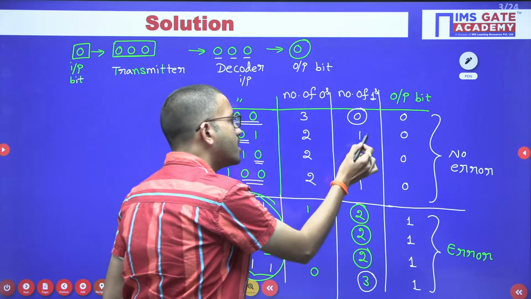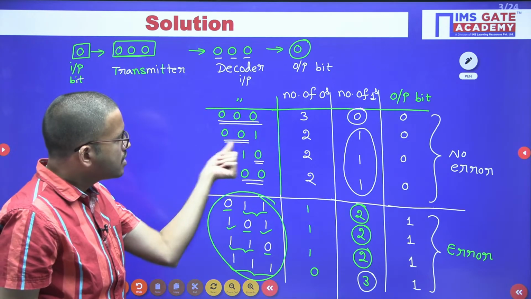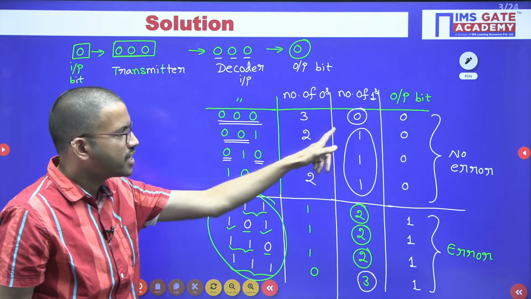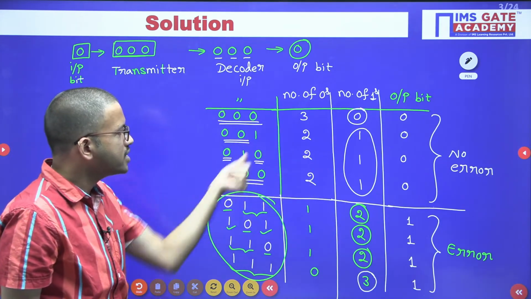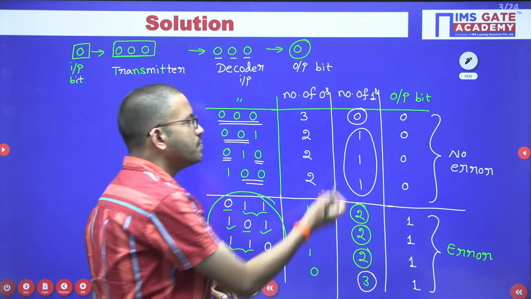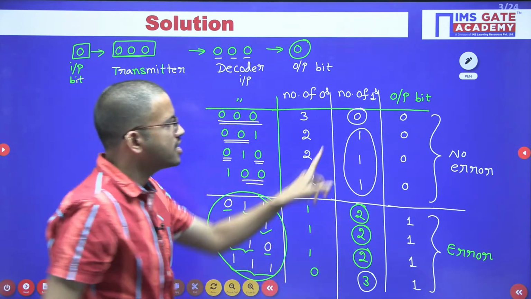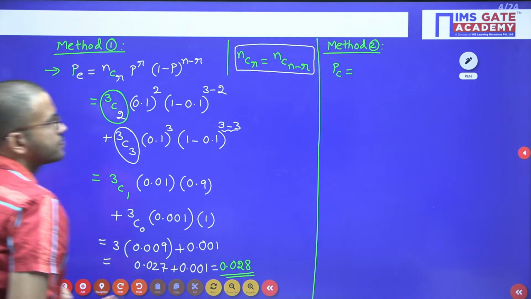For the remaining 3 combinations, since you are having 3 bits, at any time only one particular bit becomes 1. So 0 becomes 1 only at one particular bit position. So regarding r, you are getting 2 possibilities: either r value 0, or r value 1.